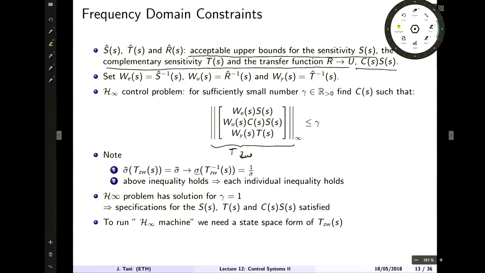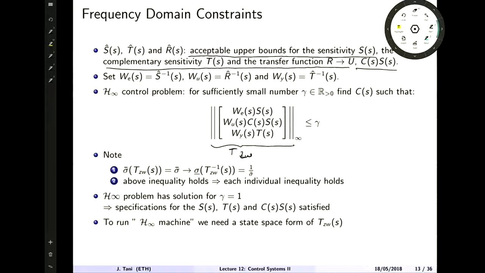So we say, well, the sensitivity should be in that range, the complementary sensitivity should be below this, and maybe the influence of changes in the reference on U should also be below some value such that my U doesn't get too big.